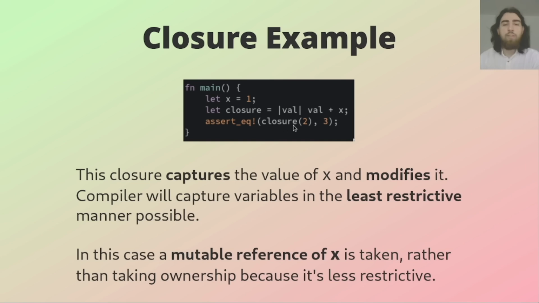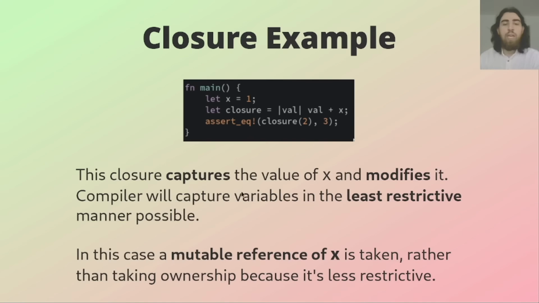So in this case, as you can see, we call the closure using the variable name closure and then providing it an argument, right? So actually this closure call should evaluate to 3 because we provide 2 here, meaning val will be 2 and adding x, which is 1, so 2 plus 1 will be 3.